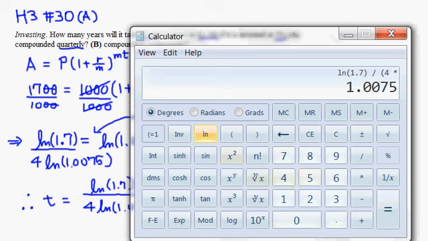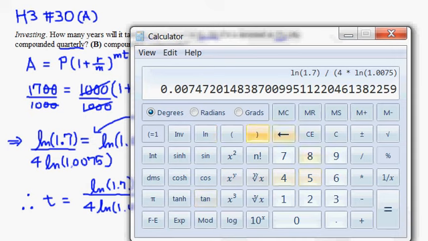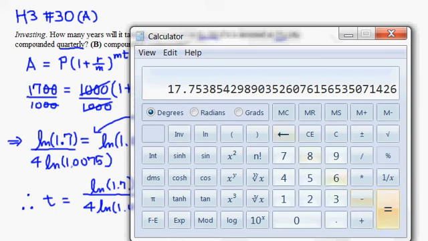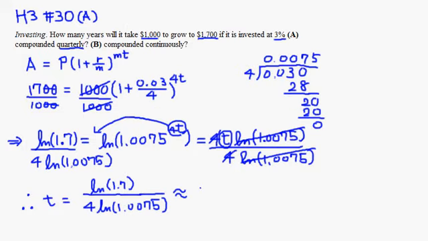I have to put the natural log with that, then close parentheses, then just press equal. You can see that t is about 17.75. And the unit is in years.